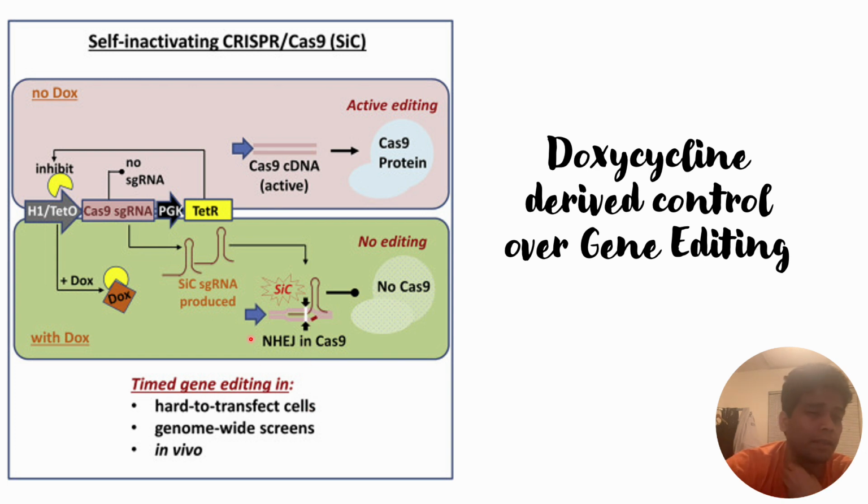After that, the cells have their inherent capability to repair the DNA, and one of the approaches by which they repair the DNA is NHEJ, that is non-homologous end joining.